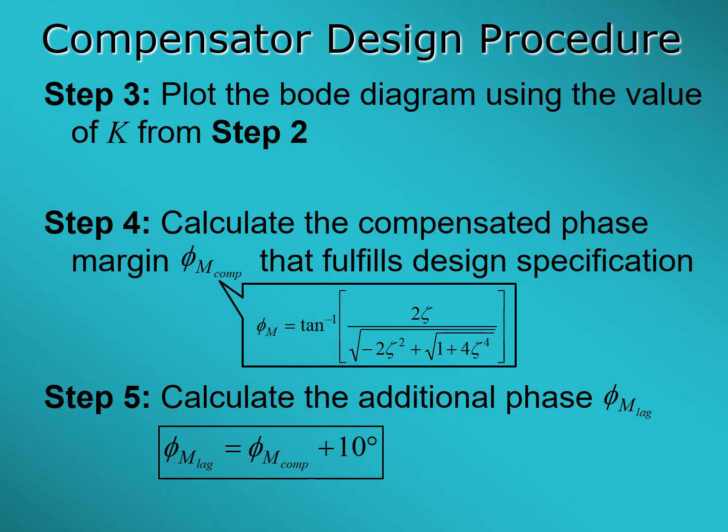From the design specification, for example the overshoot, you can calculate the damping ratio, then from the damping ratio you can calculate phi m comp. Step number 5, calculate the additional phase, called phi m lag. Use this formula: phi m lag equals phi m comp plus 10 degrees. The 10 degrees is just a bias.